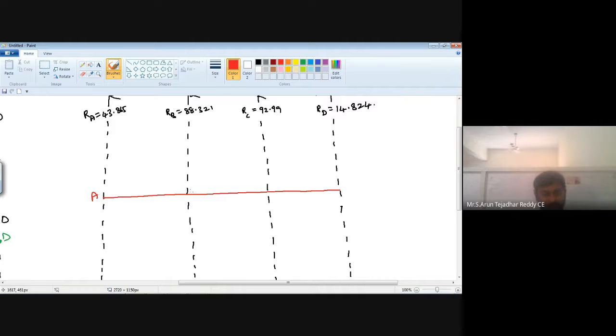A, B, C, D. Okay, this is your given beam.